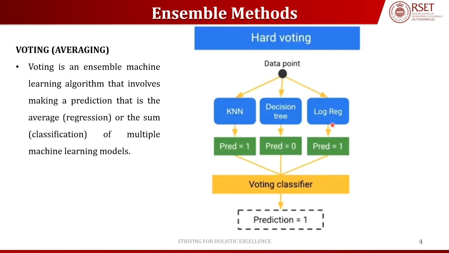So for a given data point, the KNN and logistic regression models predict 1, while the decision tree is predicting 0 and the majority vote is 1, so the final prediction is 1. The individual weak models don't have to be perfect, but by combining them, we can get a much more reliable result.